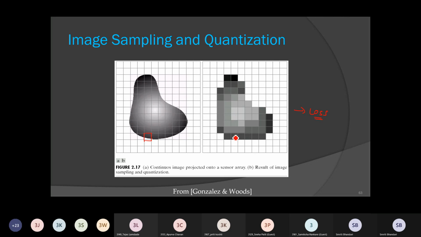And if you consider the respective block, 1, 2, 3, 4, and 5, it is sampled at this particular interval, so only one block has the same intensity values, with no variation. This is how we have used sampling and quantization. Is that okay?